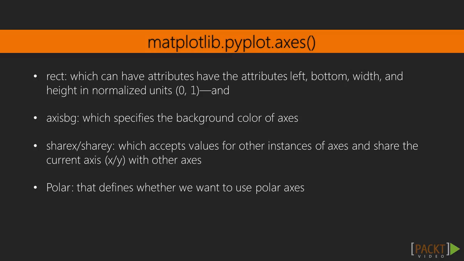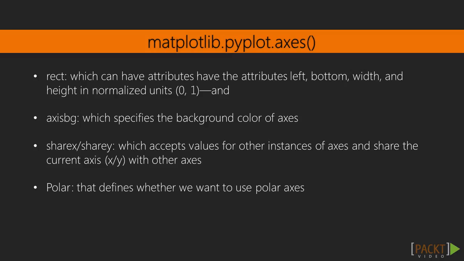If we want to add new axes to the same figure, we can use matplotlib.pyplot.axes. We usually want to add some properties to this default call, for example rect, which can have the attributes left, bottom, width and height, in normalized units, 0 to 1, and maybe axisbg, which specifies the background color of the axis.